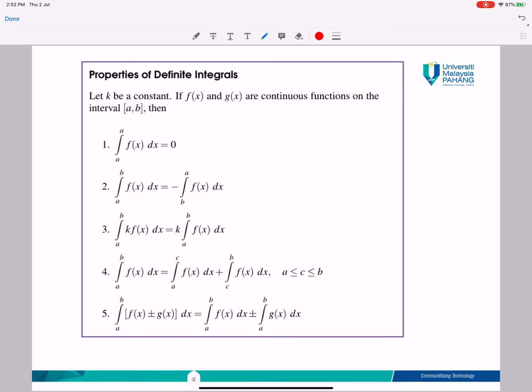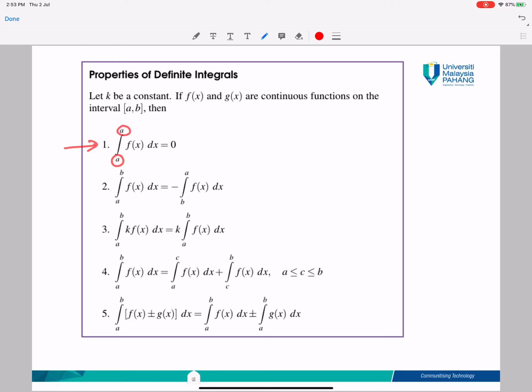Before we see several examples involving definite integrals, let us look at properties of definite integrals. Let k be a constant. If f(x) and g(x) are continuous functions on the interval [a, b], then the integration from a to a f(x) dx will be equal to 0. In this case, the lower limit equals a, and the upper limit also equals a.